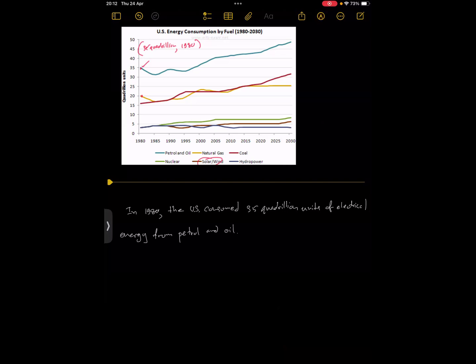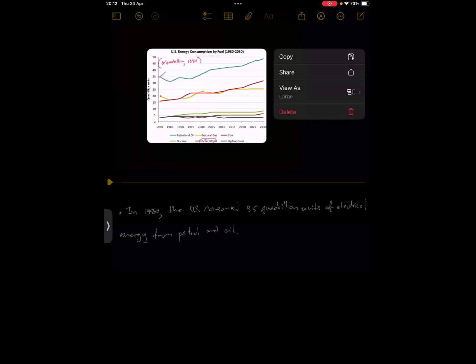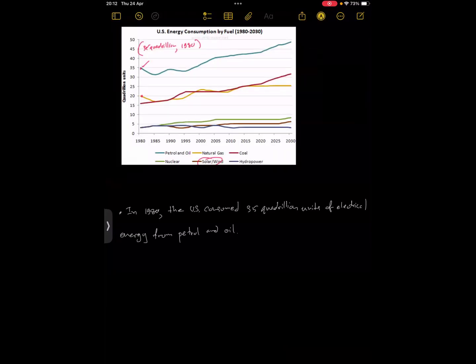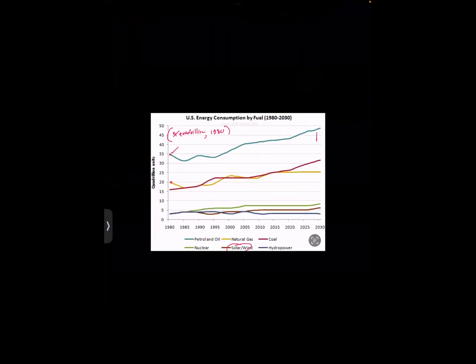Okay, so once I'm clear with that, then I can move on to find some key features. If I look at the trend, I can notice that this blue line, the red line, and the yellow line have a very clear uptrend. So I'm going to draw a long arrow here just to indicate that.